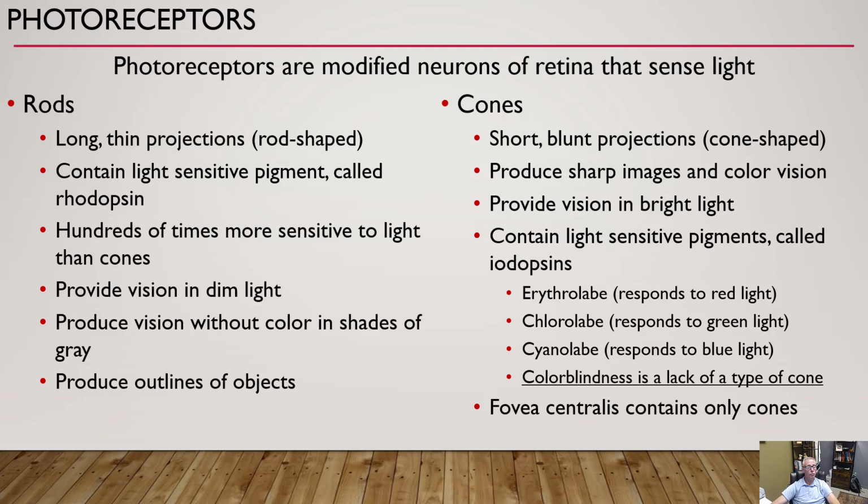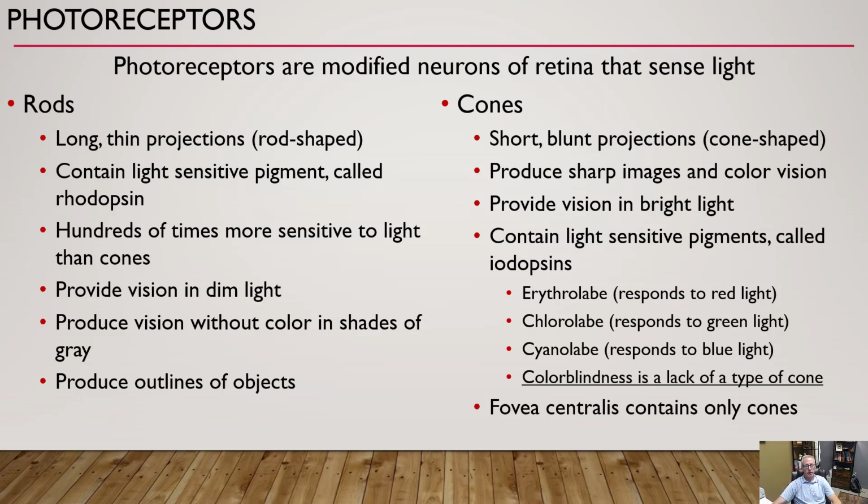All right, so rods and cones. Rods and cones are the photoreceptors that lie in the retina that help us see in black and white, color, grayscale, and such.